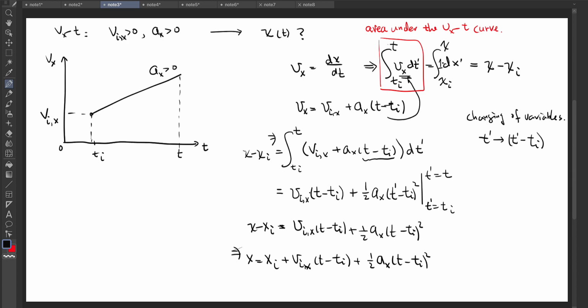Before I shade this area, let's divide this area into two different parts. I'm going to draw a horizontal line from the initial point. And then the total area will be the rectangular area here plus the triangular area.